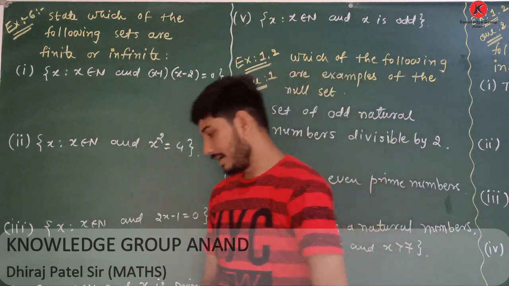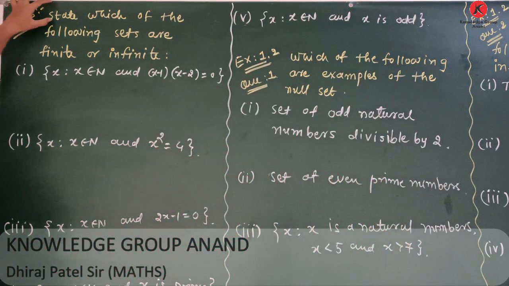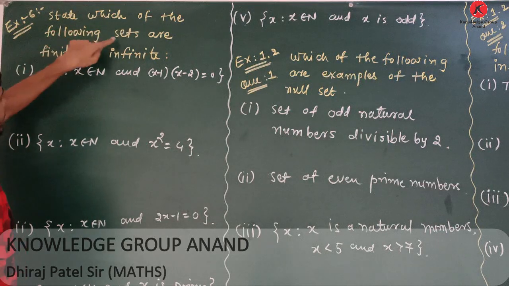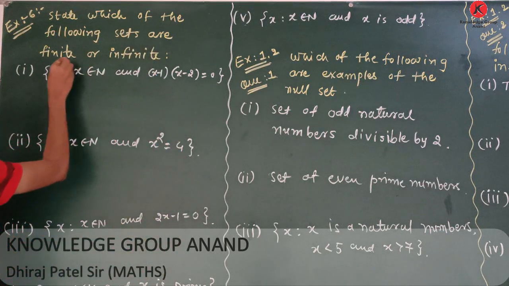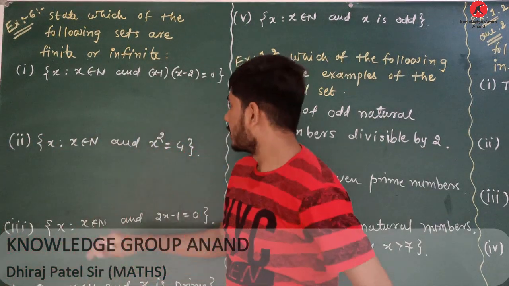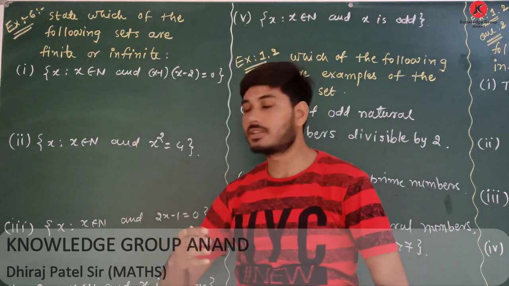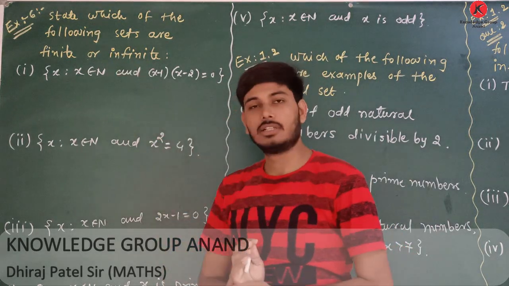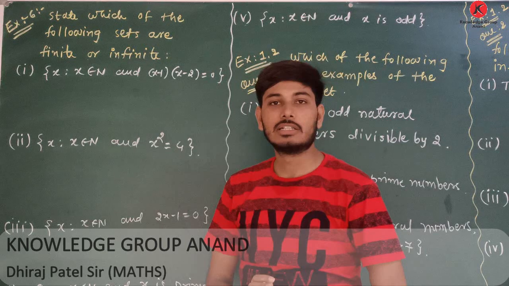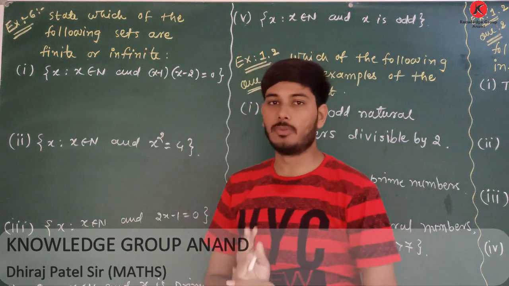Discussing example number 6. State which of the following sets are finite or infinite. For deciding which sets are finite or infinite, first of all you have to write down the set in roster form.